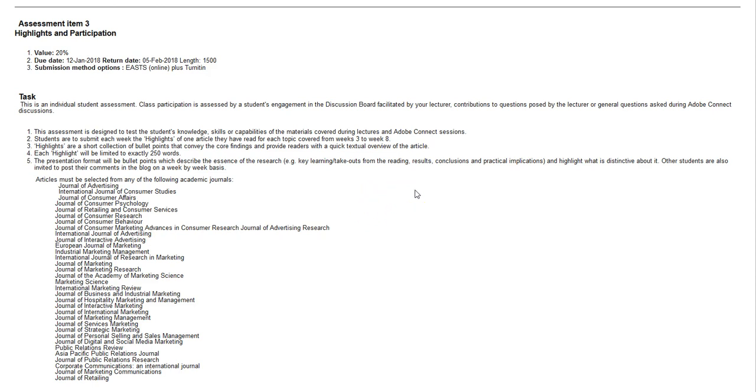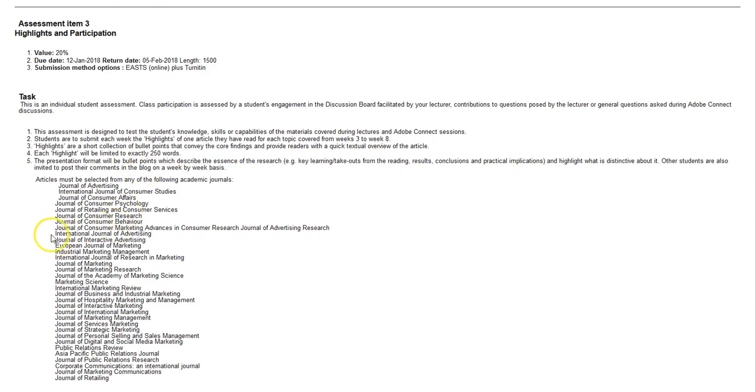After the end of week 8, you cut and paste all of your articles and the responses which you've been generating from week to week, in other words, your level of participation in this exercise. You post all those responses plus your 250 word summary of each article into a Word document, and then submit that through Turnitin first and then through East.